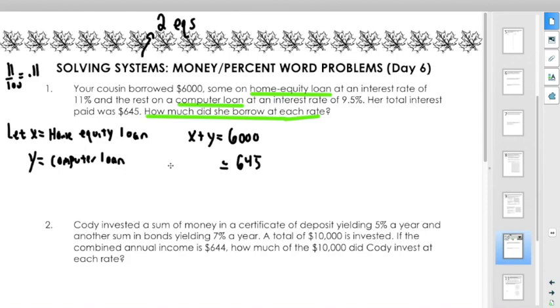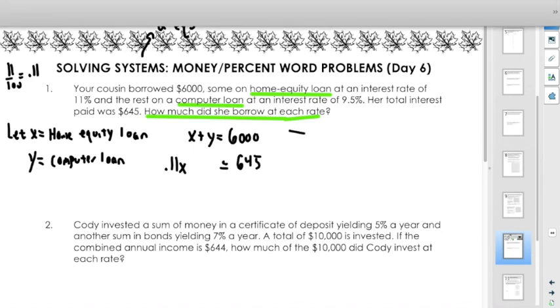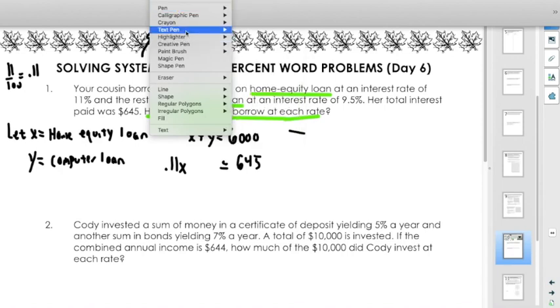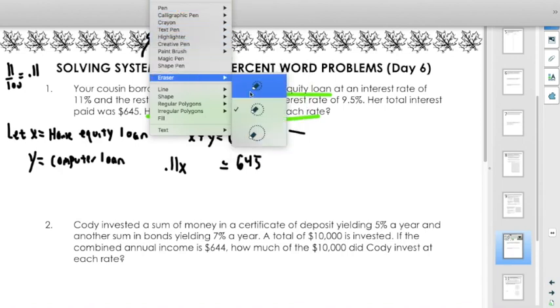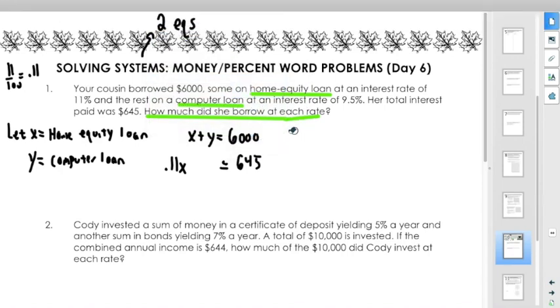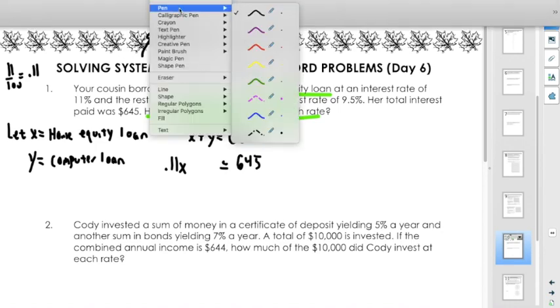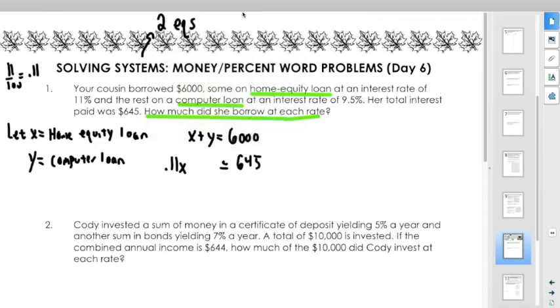We need to work with decimals. We can't work with percents. So I should get 0.11x. And then 9.5%. Well, again, you want to divide that by 100 as well. And if you do 9.5 divided by 100, you would get 0.095y.